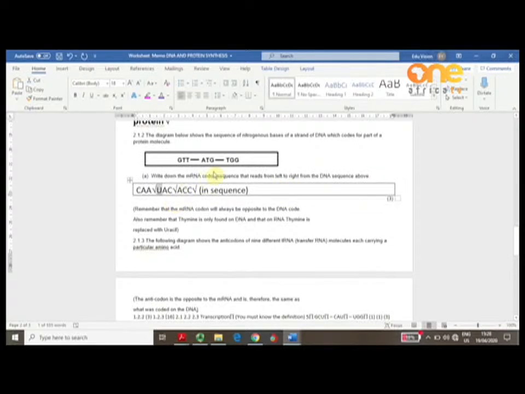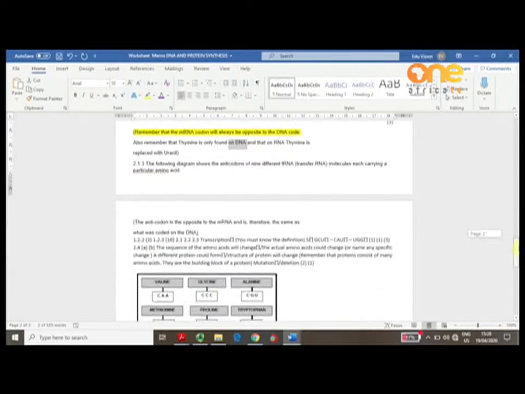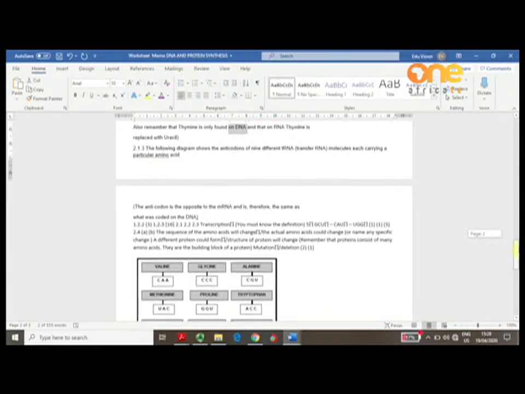Now, and TGG will be ACC. Remember that the mRNA codon will always be the opposite to the DNA, the complement. Also remember that thymine only in DNA. In RNA, thymine is replaced by uracil.